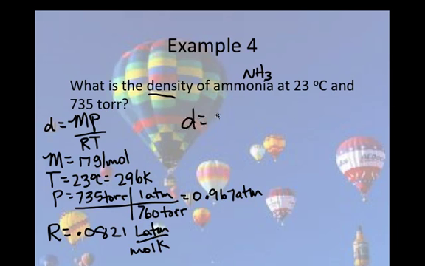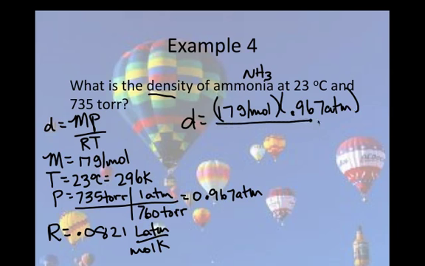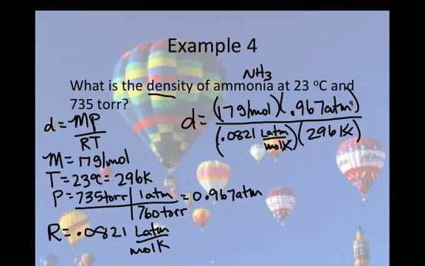All right, then let's do this. Density of ammonia under these conditions would be 17 grams per mole times the pressure, 0.967 atmospheres, divided by, let's see, what do we have on the bottom? 0.0821 liters times atmospheres over moles times kelvins, multiplied by kelvins, 296 kelvins.